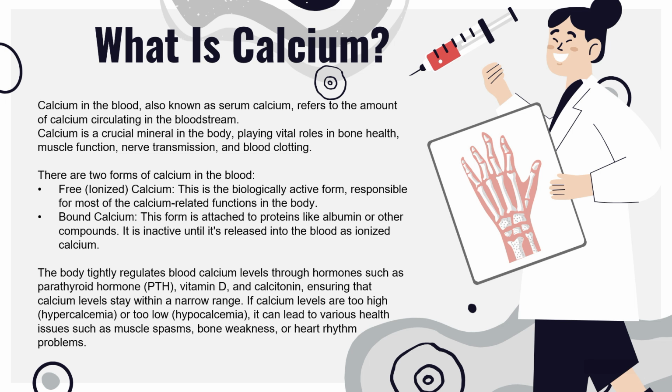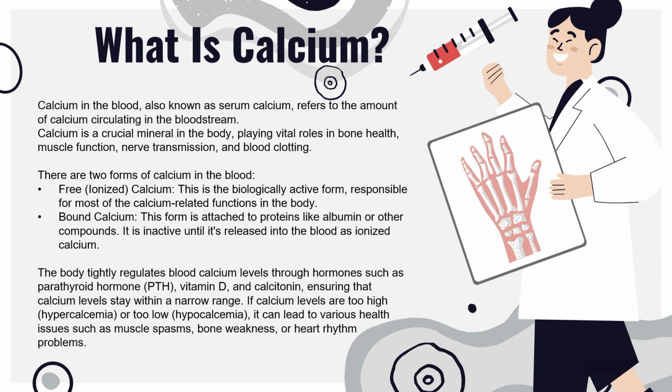So what is calcium? Calcium in the blood, also known as serum calcium, refers to the amount of calcium circulating in the bloodstream. Calcium is a crucial mineral in the body, playing vital roles in bone health, muscle function, nerve transmission, and blood clotting. There are two main forms of calcium in the blood, the free form and the bound form.